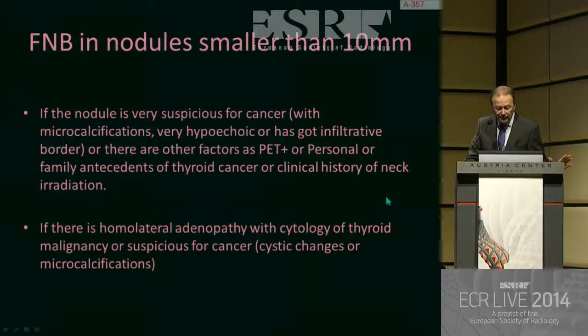We are doing FNB in nodules smaller than 10 millimeters in our institution if the nodule is very suspicious for cancer, or there are other factors such as PET positive, or personal or family antecedents of thyroid cancer, or clinical history of neck irradiation. If there is homolateral adenopathy with cytology of thyroid malignancy or suspicious for cancer, we go to the thyroid nodule, we puncture the thyroid nodule, and also we puncture the adenopathy.